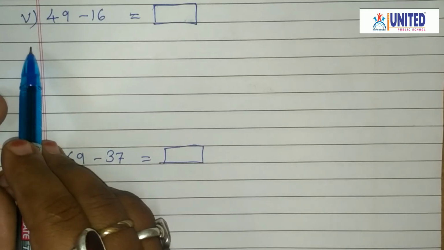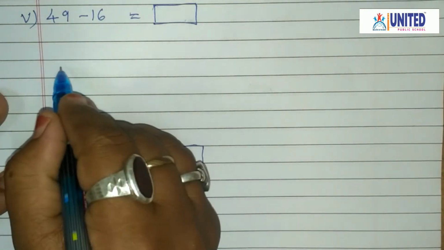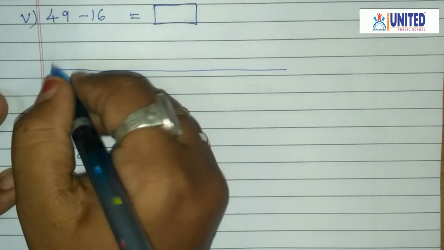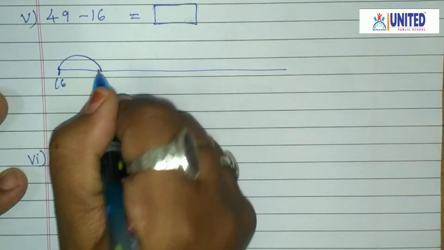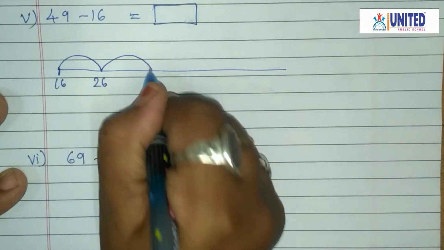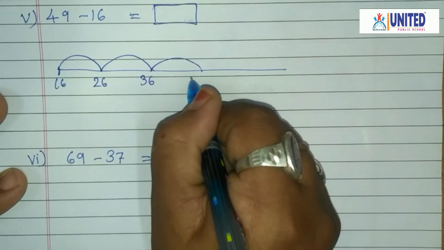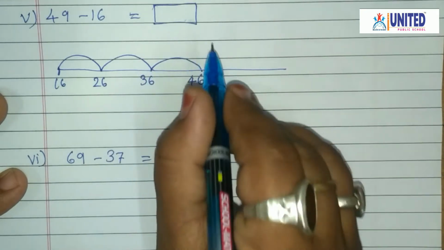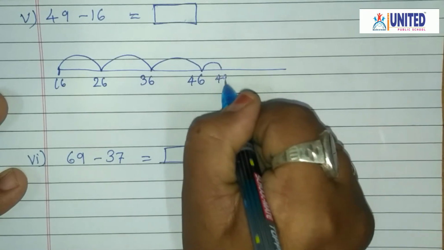Okay, done. Now in number 5, 49 minus 16. So again you can draw a line. Start from 16. 16 plus 10, that is 26. 26 plus 10, 36. 36 plus 10, 46. Now how many remain? 3. 46 plus 3, that is 49.